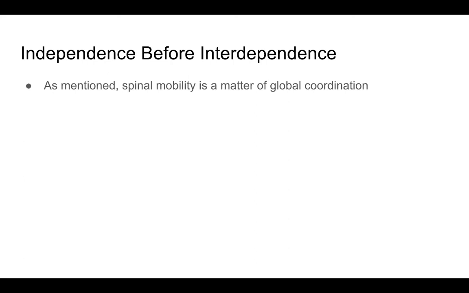As mentioned earlier, spinal mobility is a matter of global coordination. We want proportional mobility along each of the vertebral articulations. We know that based on the structure of the vertebrae, they have different capacities to move. The vertebrae of your neck allow you to extend and look overhead more so than the thoracic vertebrae do, for example.